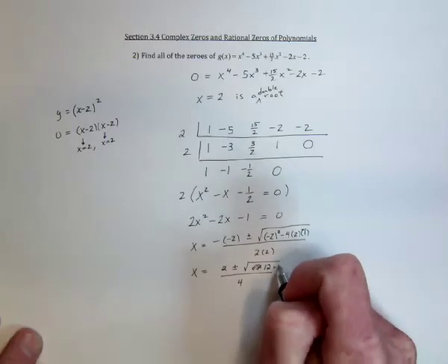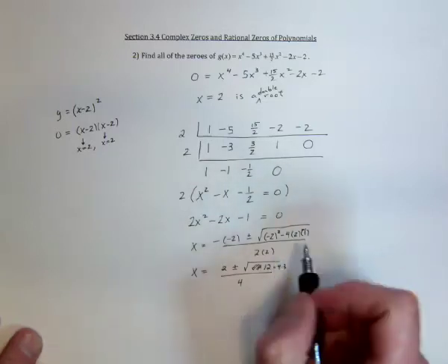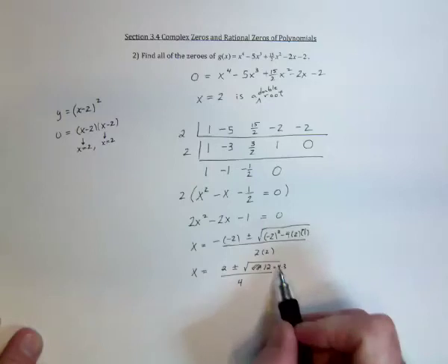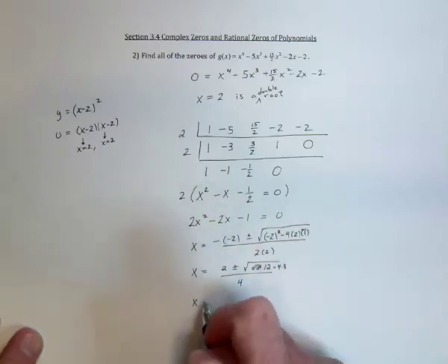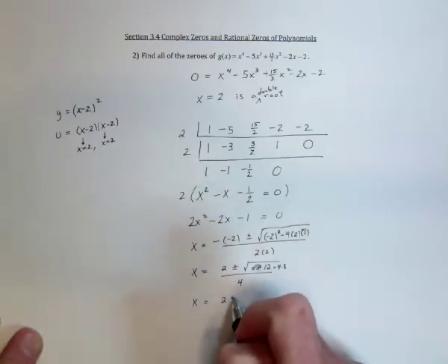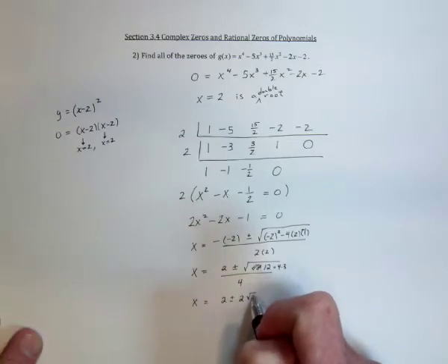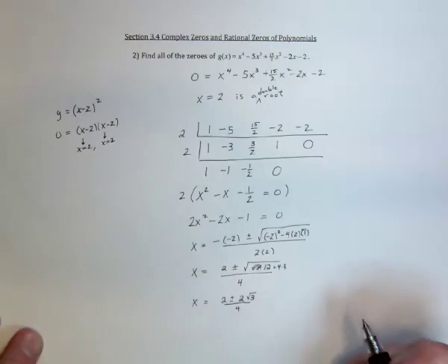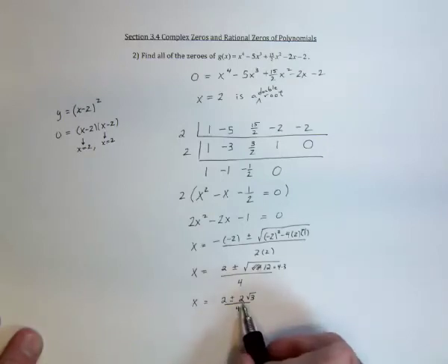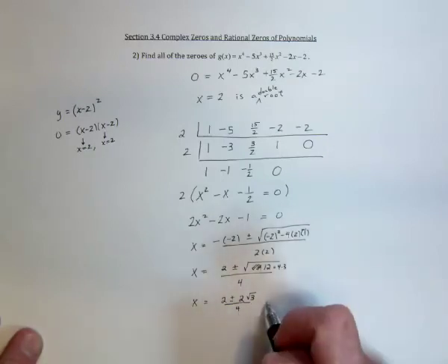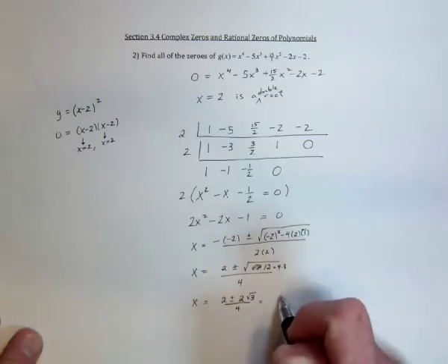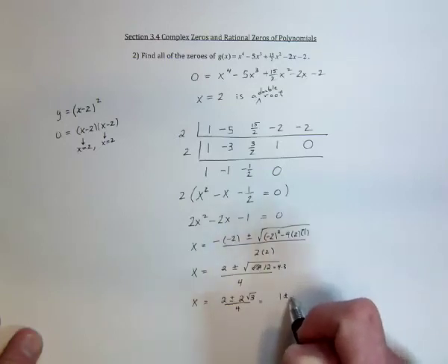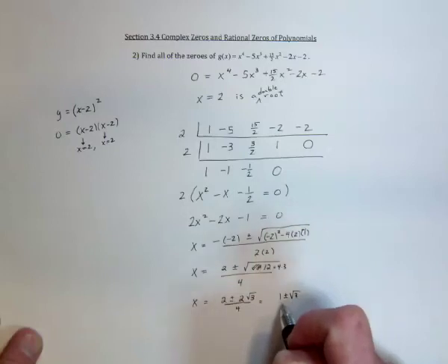And the 12 can be factored as 4 times 3, and we can take the square root of the 4 to get a 2. So it's going to be 2 plus or minus a 2 radical 3 divided by 4. If we then reduce all of these even numbers or divide everything by a 2, it's going to be 1 plus or minus 1 radical 3 divided by 2.